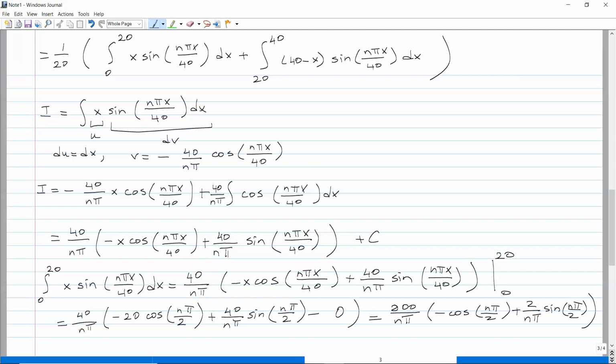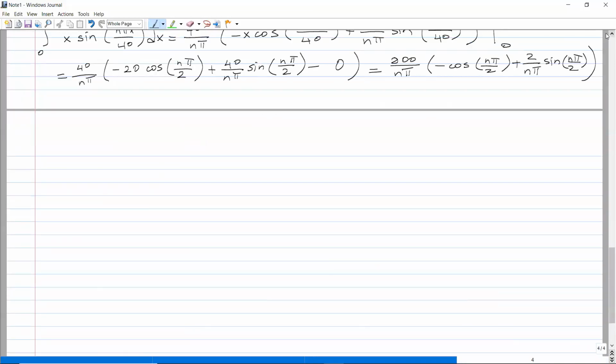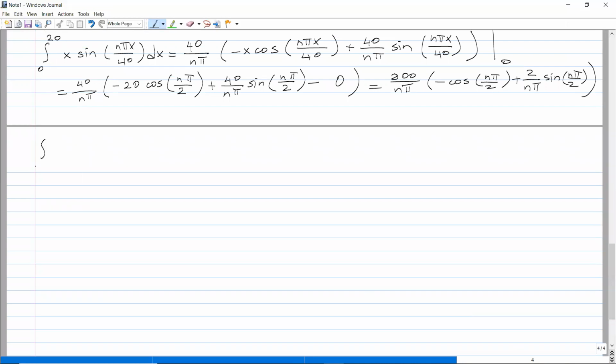Okay. Now I need to figure out the integral from 20 to 40 of minus x times sine n pi x over 2. Well, okay, let's take this minus sign into account later. So let's figure out the same integral now from 20 to 40. So now we do the same thing, but now from 20 to 40.